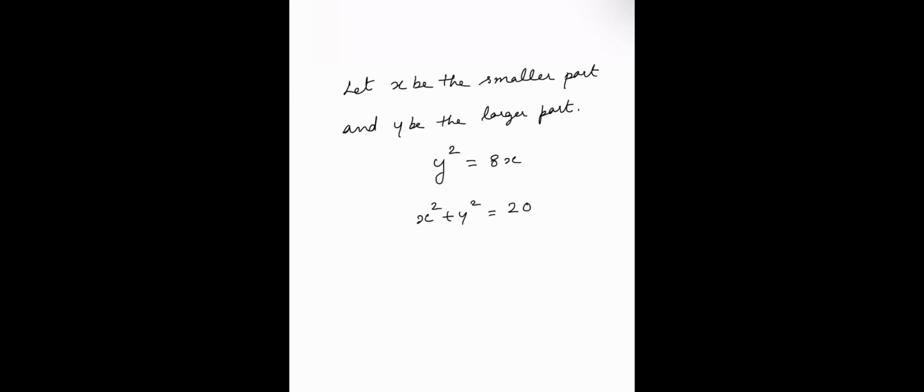This is also given to you. So what you need to do now? Put y square equal to 8x. Okay, so when you put y square equal to 8x, your equation will become x square plus 8x equal to 20. Now bring it to the left hand side. Minus 20 equal to 0.